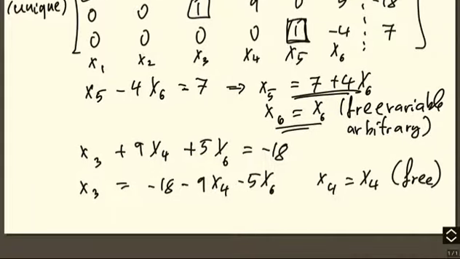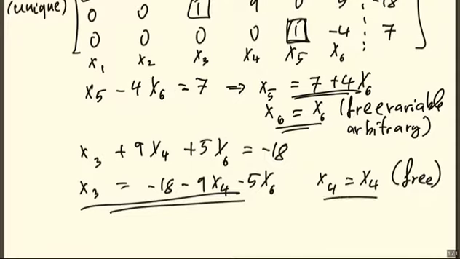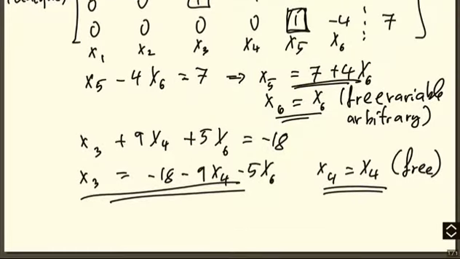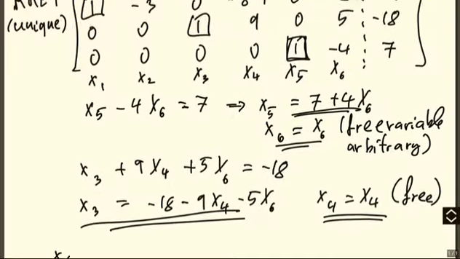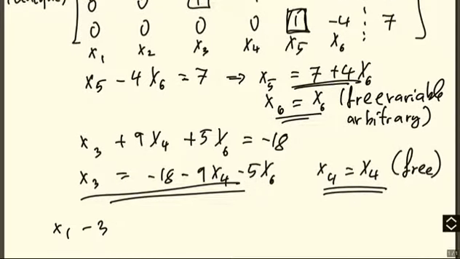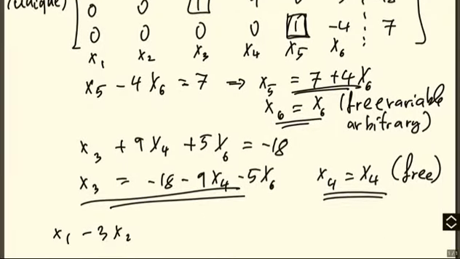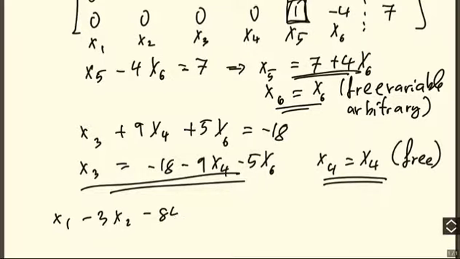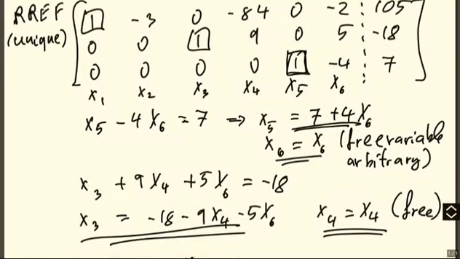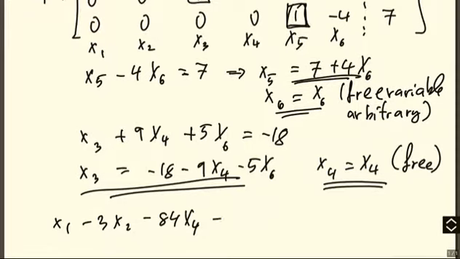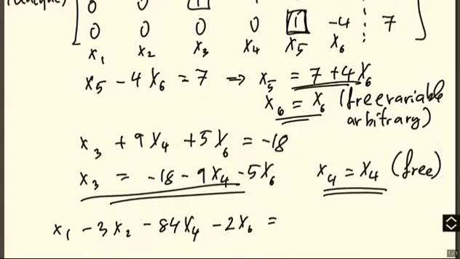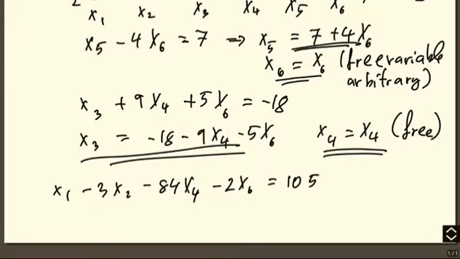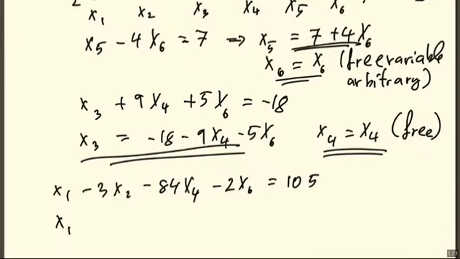And then we go to the first row that has x1 minus 3x2 minus 84x4 minus 2x6 equals 105. And again, other than the variable in the pivot column, all other variables are free.